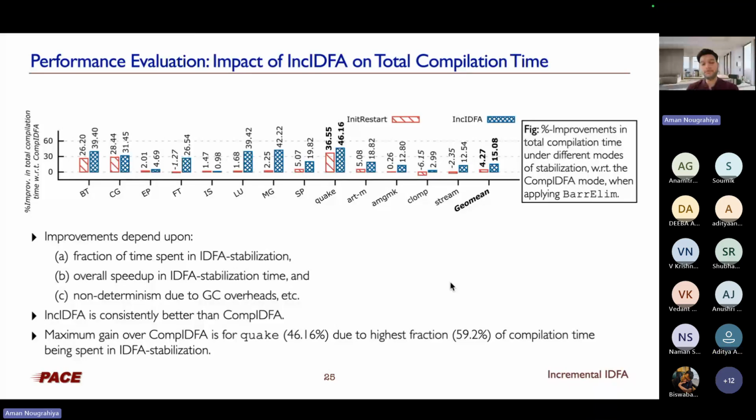Yes, we did. For all the different stabilization types that we had, like comp IDFA being one of them, init restart, we also even ran restarting iterations for comparison later.